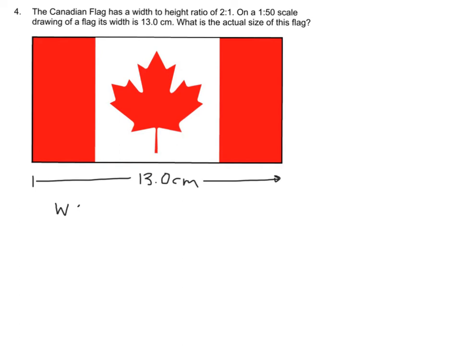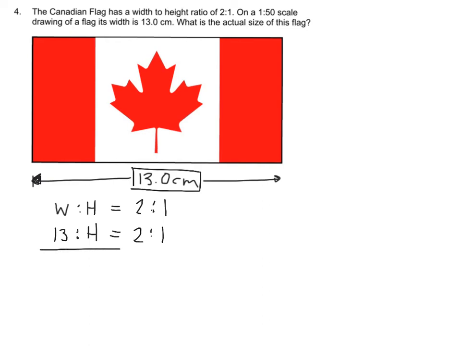So width to height, they're telling us is 2 to 1. So the width is 2 to height is 1. Now in our drawing, we know that the width is 13. So 13 for the width. We don't know what the height is of our drawing, but we do know it's in the ratio of 2 to 1. So we could actually figure out the height of this drawing right now using that ratio there.